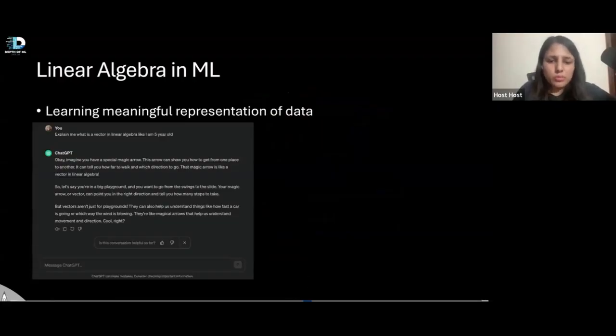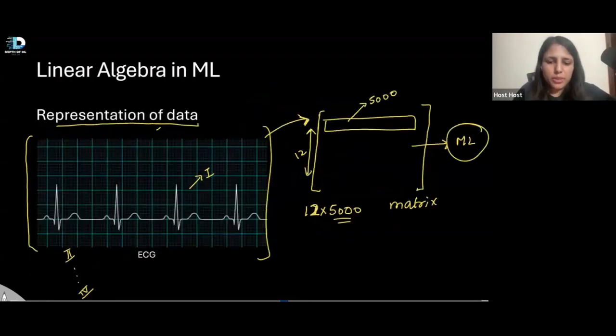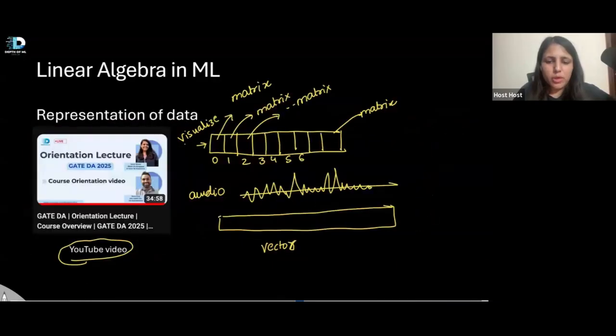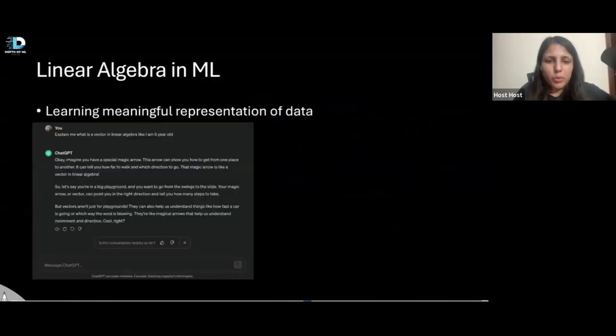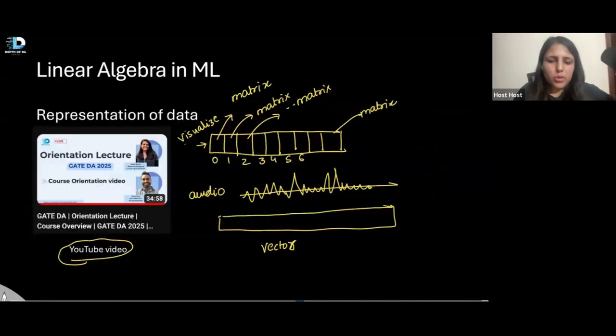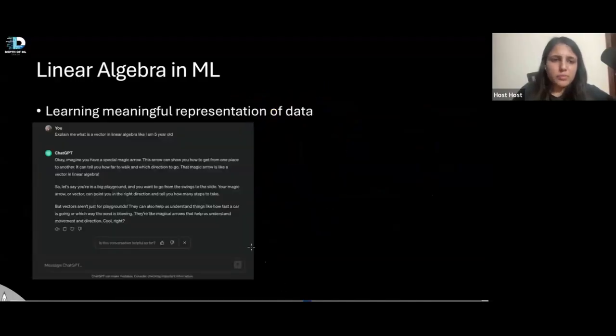Once we have input the data into our machine learning model, we can also do other tasks. For example, we can learn some meaningful representation of the data. When I say meaningful representation, answer this question: how does ChatGPT know what I'm asking? I'm saying, explain to me what a vector in linear algebra is, like I'm a 5-year-old.